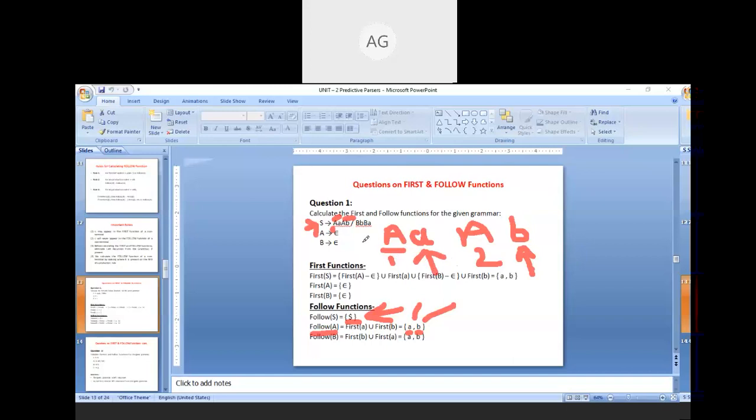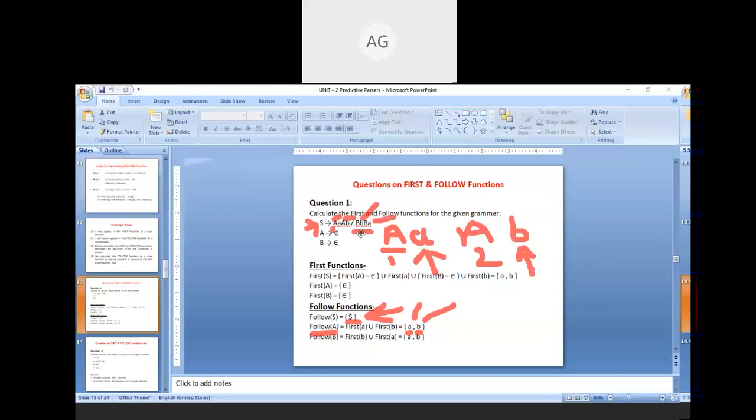Now just concentrate on the follow of B, and see how many times B is there on the right hand side. So here you can see B, small b, and then the small a. What follows the first B? Small b follows the first B, and what follows the second B?